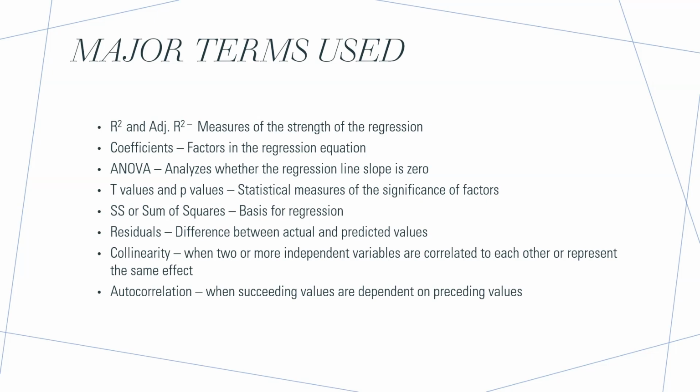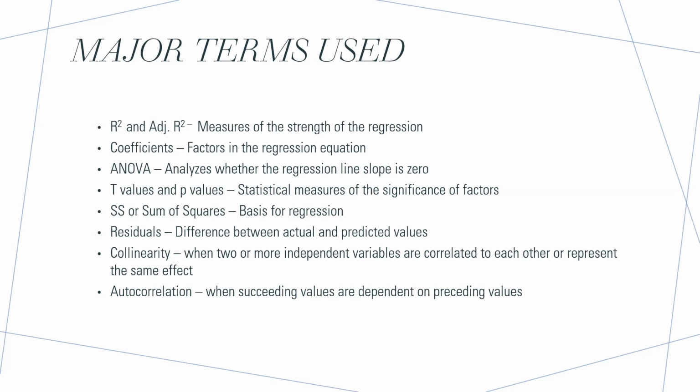Residuals. It sounds weird, but really a residual is just the difference between actual and predicted values. And in any regression analysis, you would not only create the regression formula, but you would apply it to each X or set of X's and come up with a predicted value for Y. So then you'd want to know what the difference was between that predicted value and the actual value.